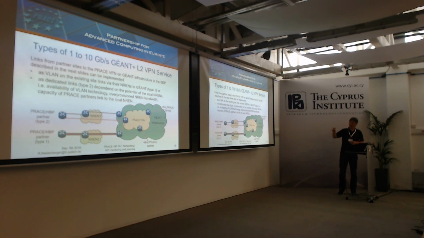For example, if I only have a small bandwidth and don't want to share it with PRACE because my users, who are not related to PRACE, should not be affected, then you do it this way. At the end, as you see, it's the same outcome.